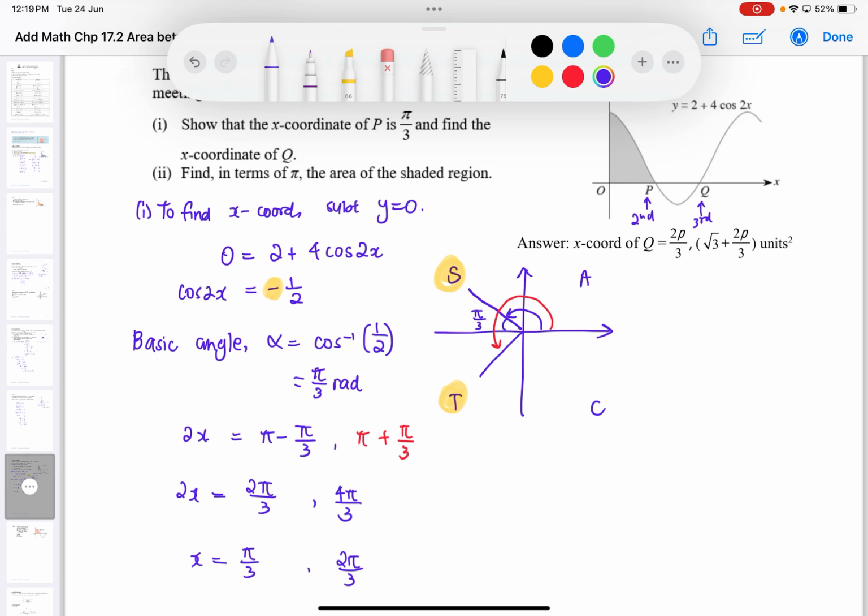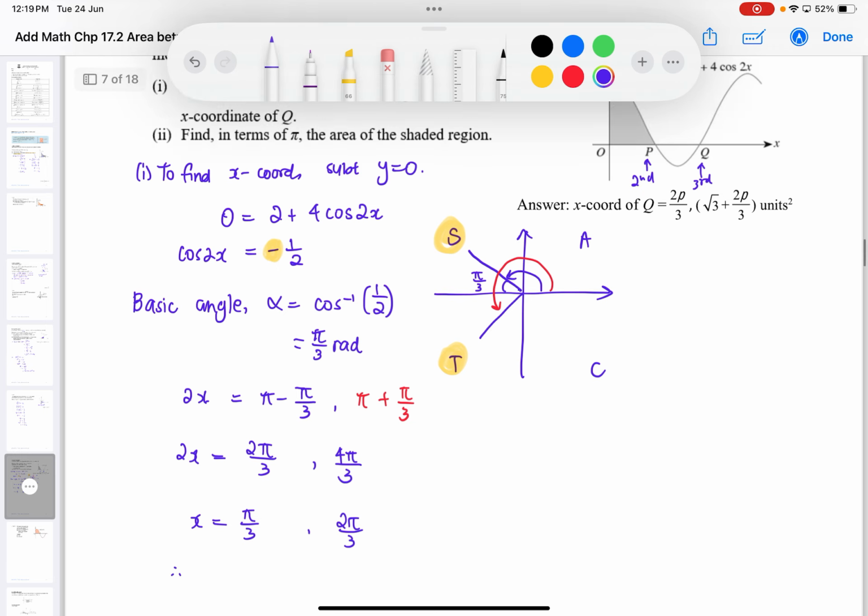Your first value should be pi over 3. So what is the second value? Whose coordinate is this? Q. So done. Therefore, x coordinate of P is pi over 3 shown, and x coordinate of Q is 2 pi over 3.